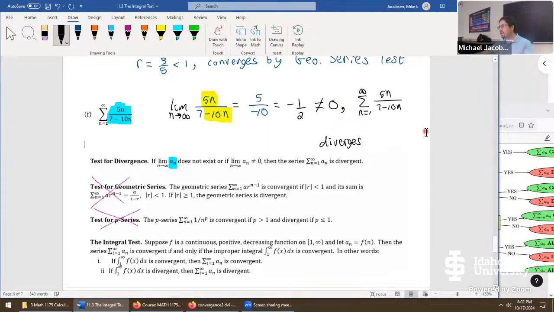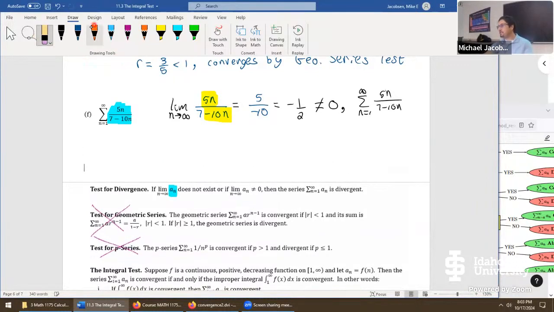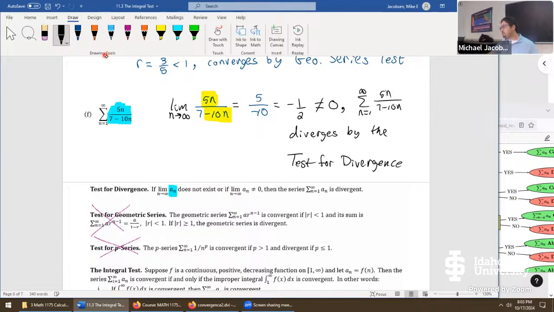Diverges by the test for divergence. So that's kind of a nice one.